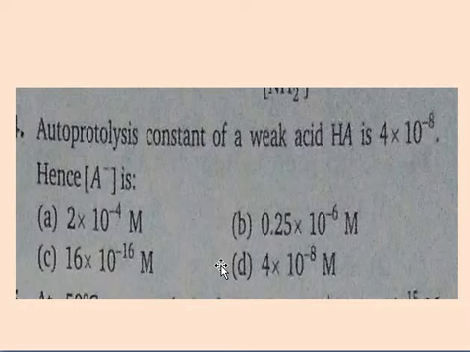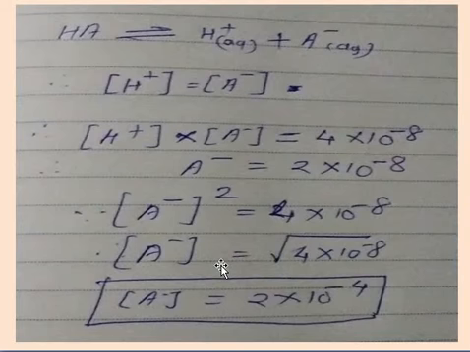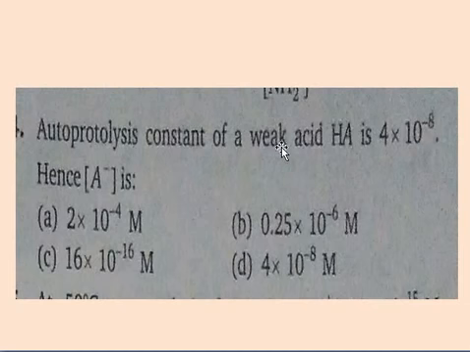In this case, HA is a weak acid and dissociates into the ions H plus and A minus. The concentrations of H plus and A minus are equal in this reaction.